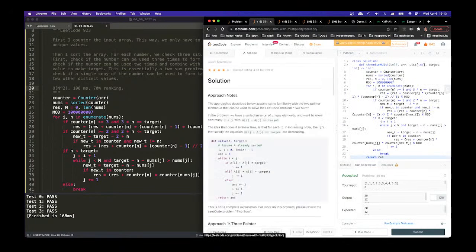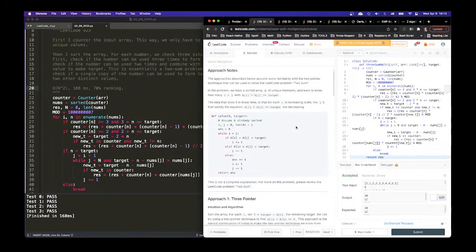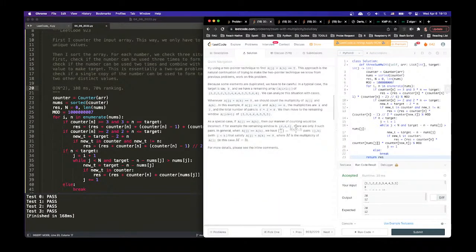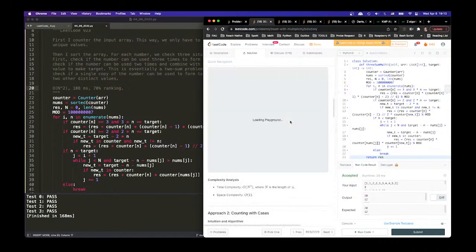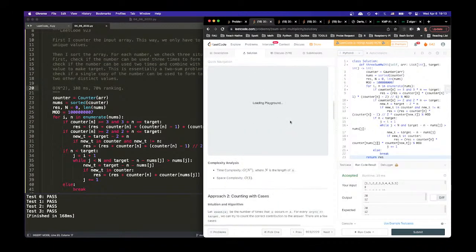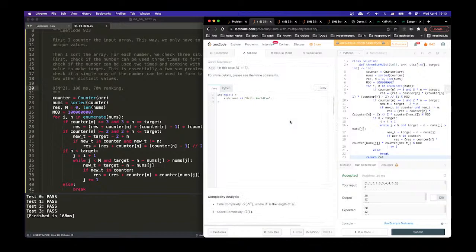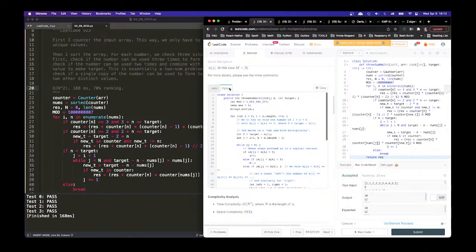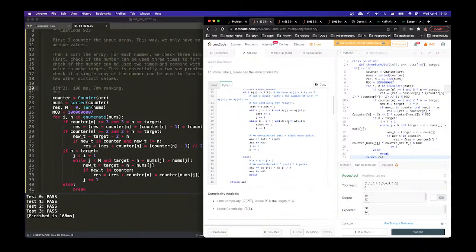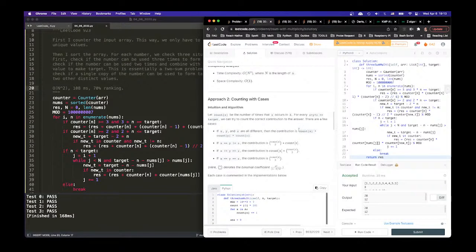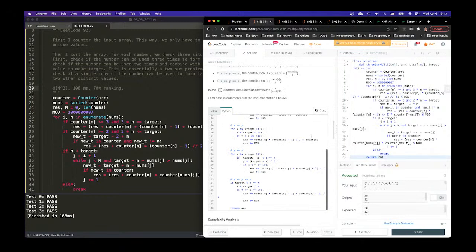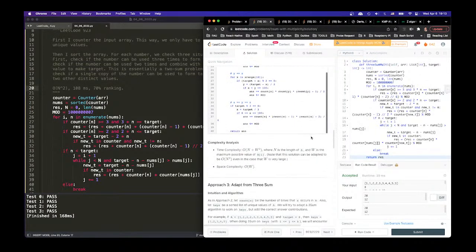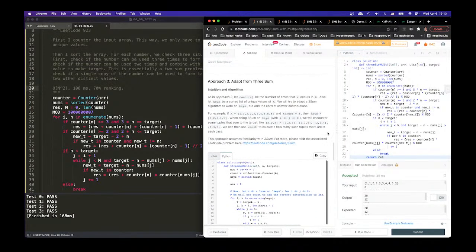What are the solutions? Three pointers. O(n) squared. Counting with cases. Adapted from 3-sum.